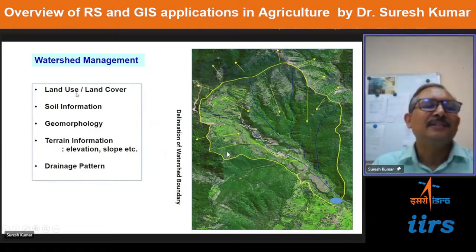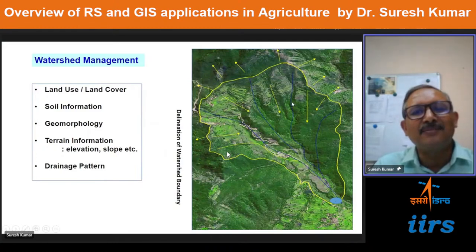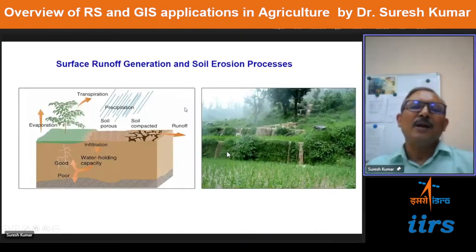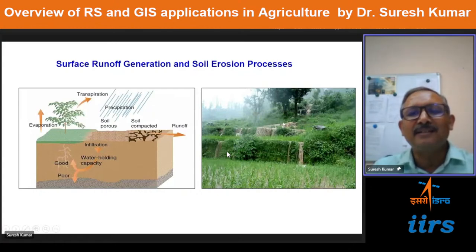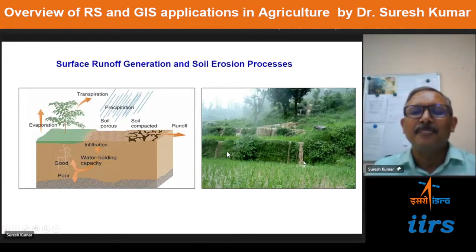So for planning purposes, we need to study in the watershed what kind of land use, what kind of soil, geomorphology, topography, and drainage patterns there are. What happens when rain falls on your land? The soil gets saturated with water, and then you get runoff water.